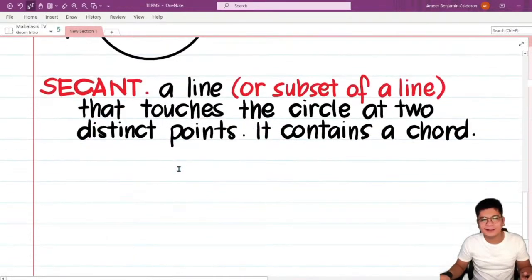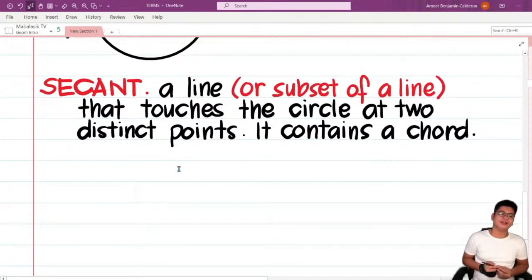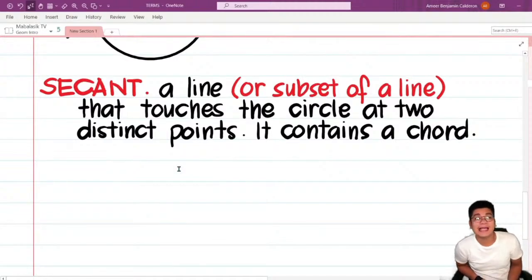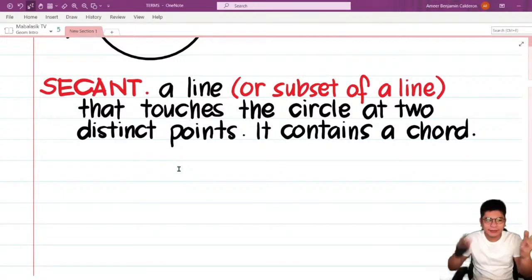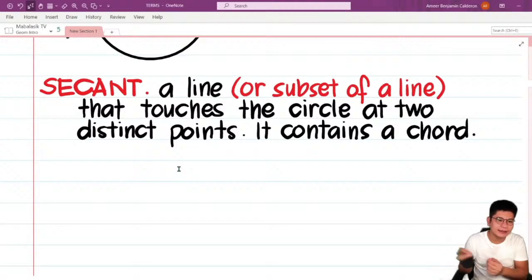Let's have the next definition. The next definition is a secant. A secant is a line or subset of a line. So it can be a line, it can be a segment, it can be a ray. Pero customarily, it is a line. But it can be a subset of a line that touches the circle at two distinct points.